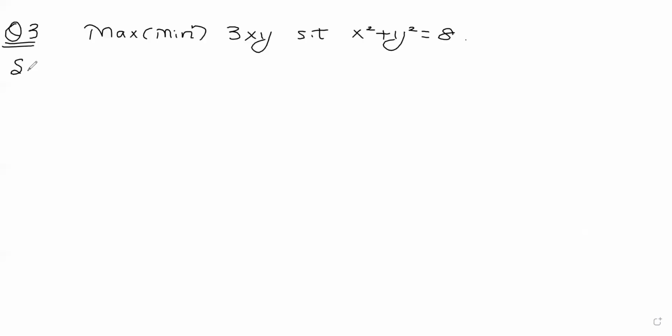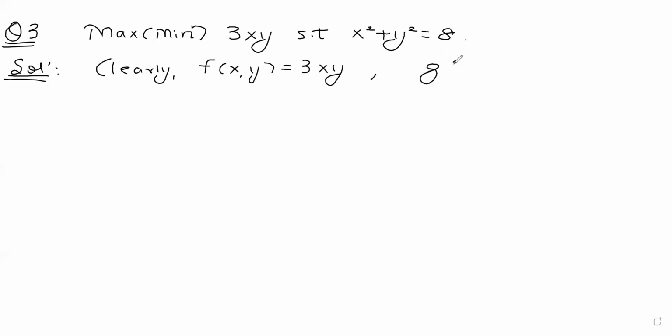Question 3. Again, the objective is to maximize or minimize the function 3xy subject to x square plus y square equals 8. Okay, so clearly all students can see my function f of xy is 3xy.